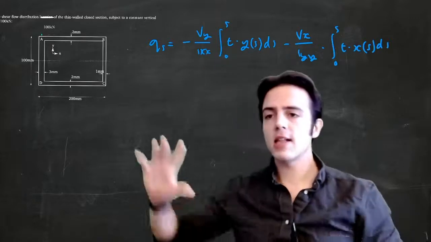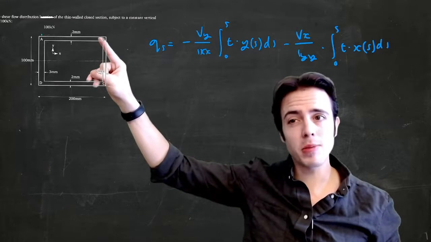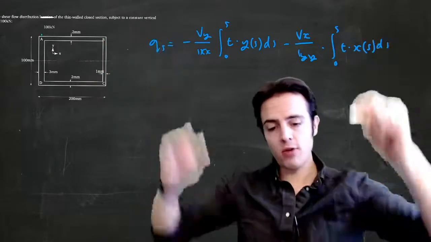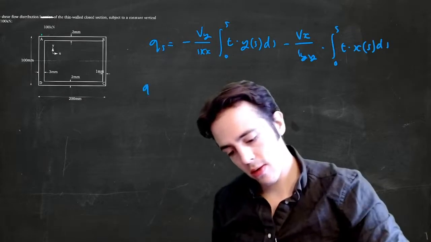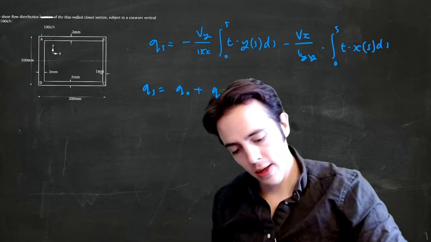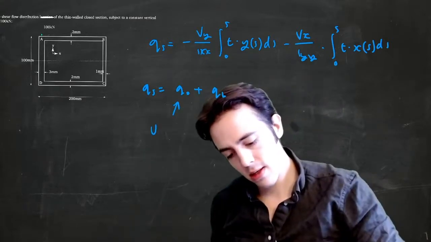And we said that when we've got a closed section, we'll imagine one end is almost an open section, or we'll replace this expression above for a closed section with qs equal to q0 plus qb. So this is then an unknown offset to determine.